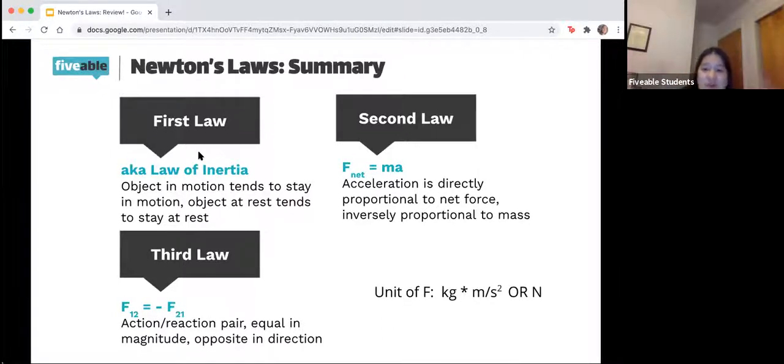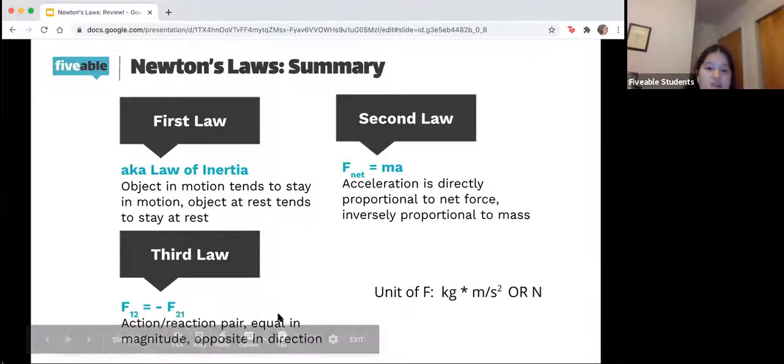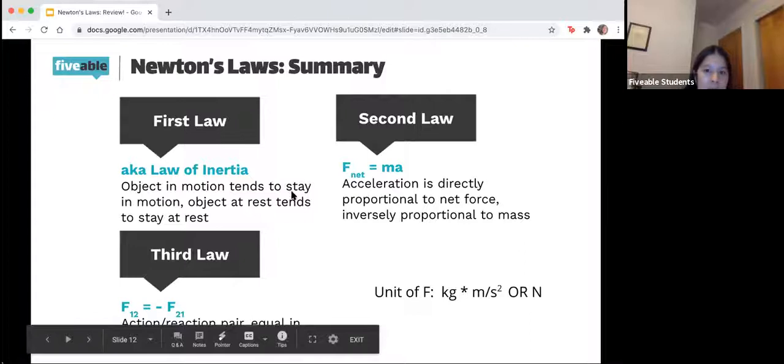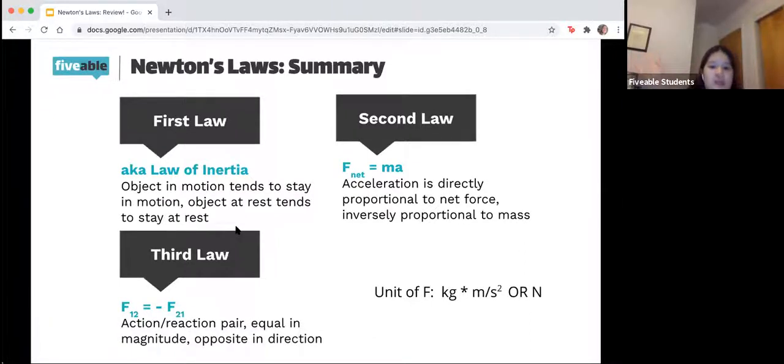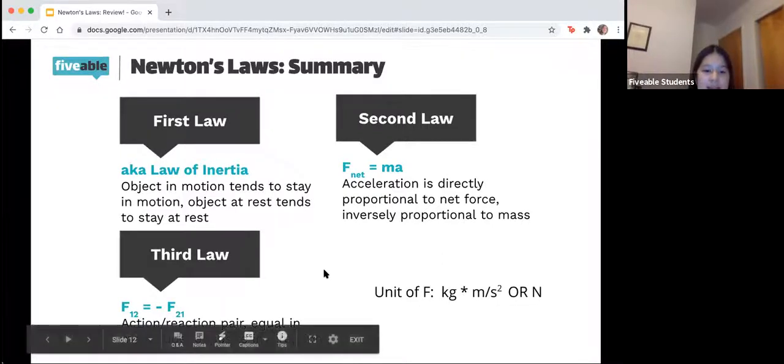These are the tools we can use when we get these big word problems. Keep that in the back of your mind. All three laws are going to be used. The second law and third law are used more in word problems because they're equations, but definitely all 3 will be used.